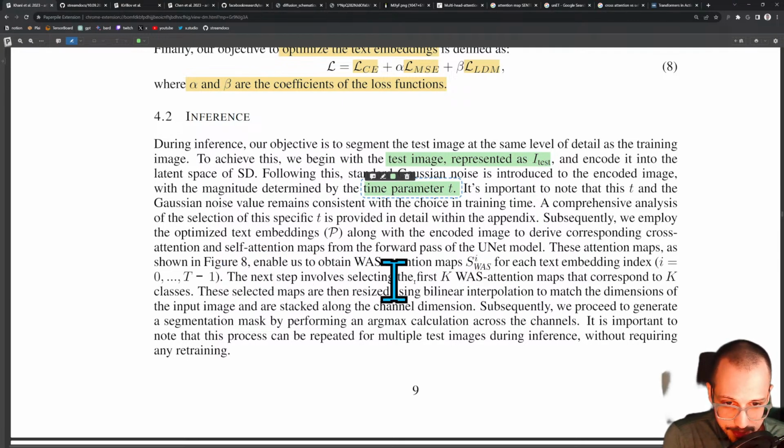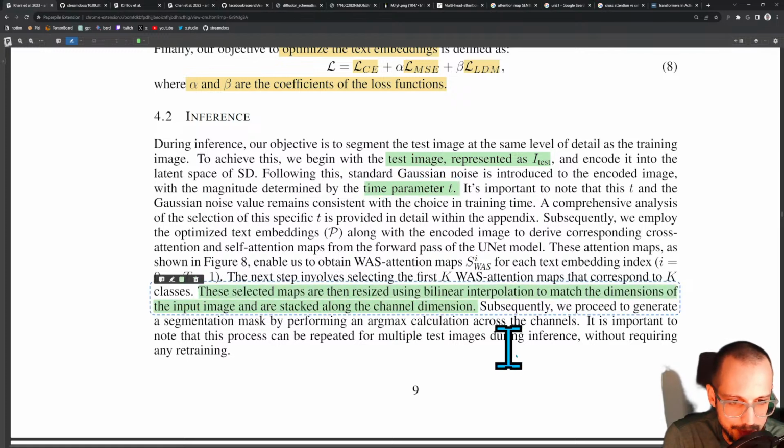And then the next step involves selecting the first K WAS attention maps that correspond to the K classes. These selected maps are then resized using bilinear interpolation to match the dimensions of the input image and then stacked along the channel dimension. Damn, so much resizing in this. Subsequently, we proceed to generate a segmentation mask by performing an argmax calculation across the channels.